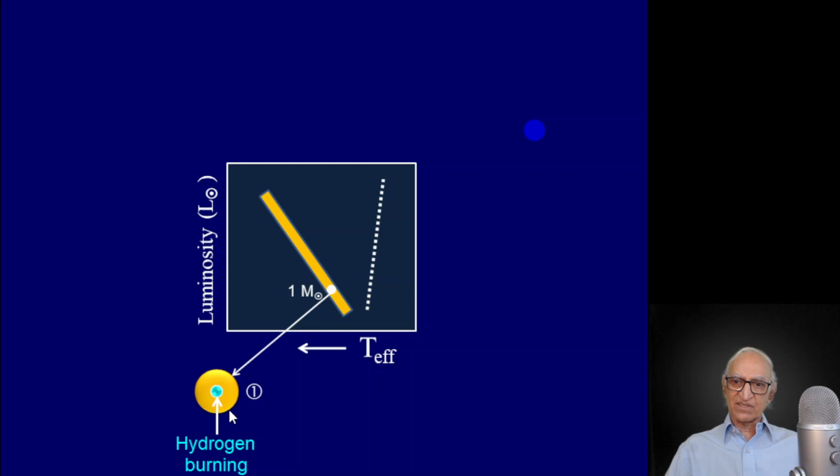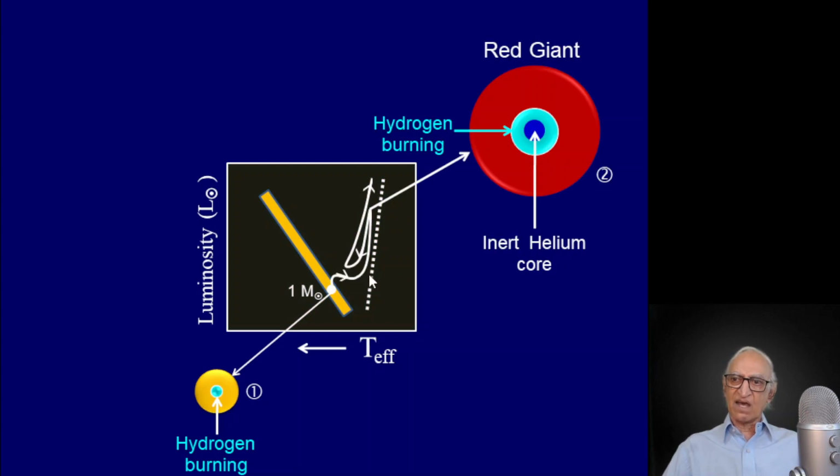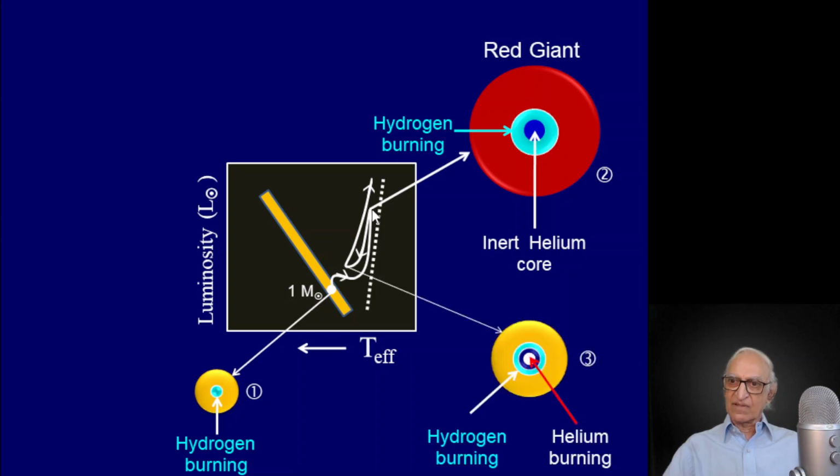On the main sequence, hydrogen was being converted to helium. After billions of years, the star develops the helium core, which is inert, and therefore it contracts and the star becomes a giant. When the star becomes a giant, the helium core is meanwhile getting hotter by the outside furnace, hydrogen being converted to helium outside.